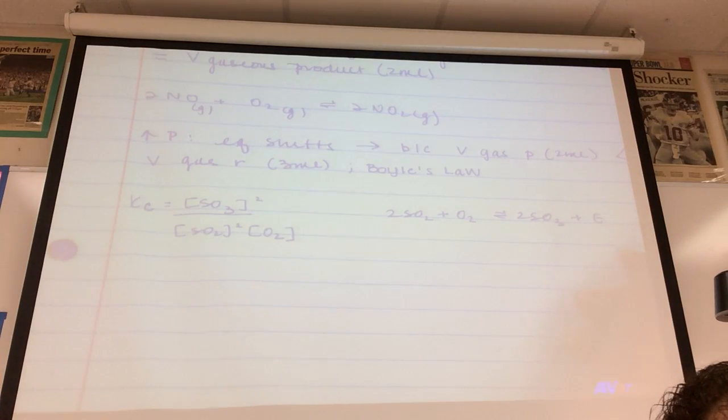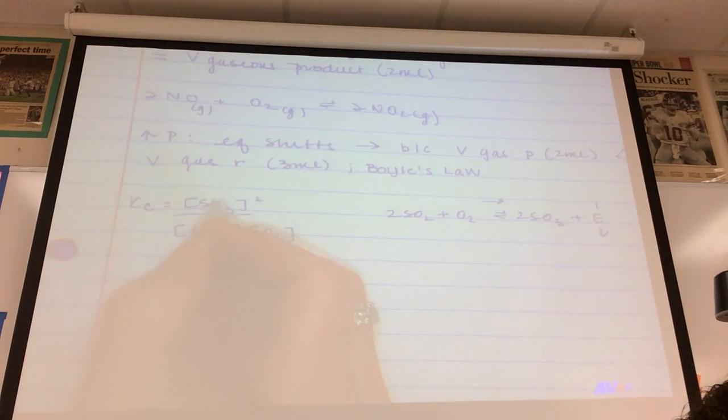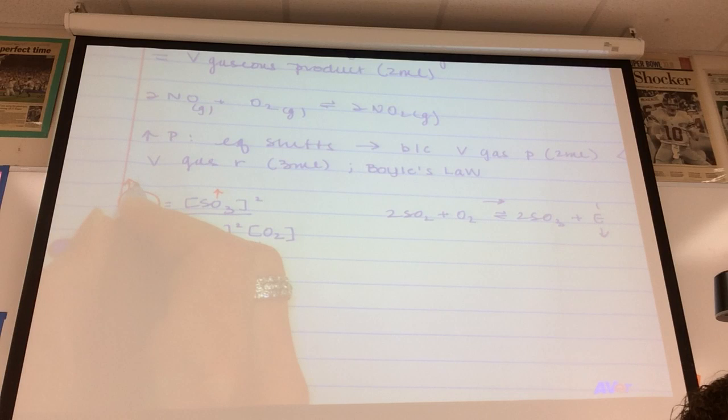All right, let's decrease temperature. If you decrease temperature, equilibrium shifts to the right. In shifting to the right, what happens to concentration of product? Increase. And reactant? Decrease. And so what happens to Kc? Increase. Increase is correct.